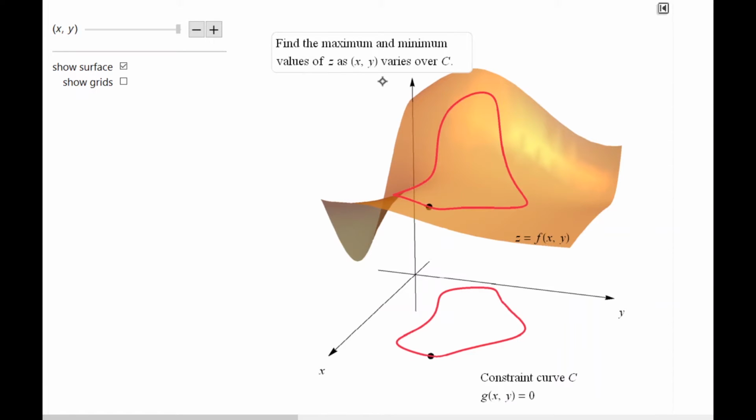Okay, so where are the highest and lowest points along just that red path? Okay, notice we have a curve C in the xy plane, that's in the domain, and the function maps that curve up to the red curve you see on the graph. And so we're looking for the extrema just along that graph.